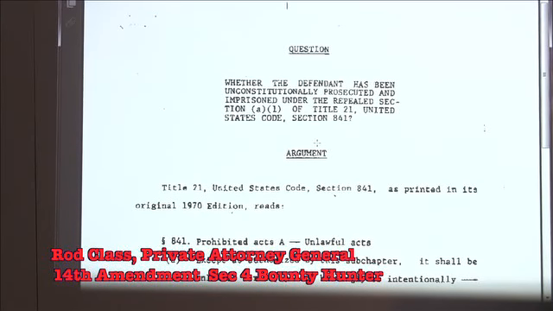Whether the defendant has been unconstitutionally prosecuted and imprisoned under the repealed section A1 of Title 21 of the United States Code, Section 841. What is Title 21, Section 841?